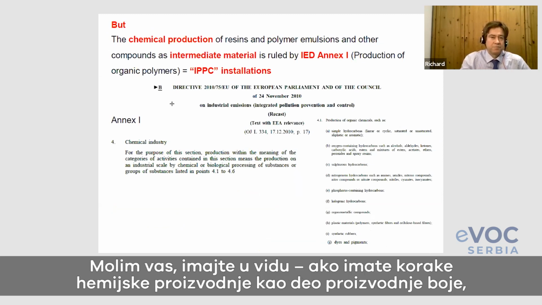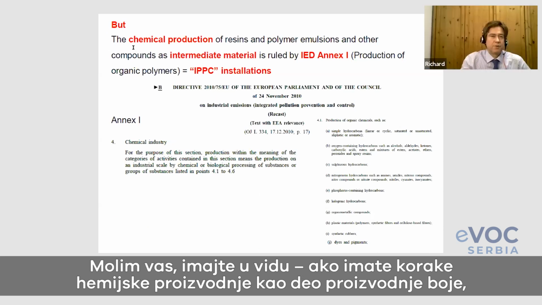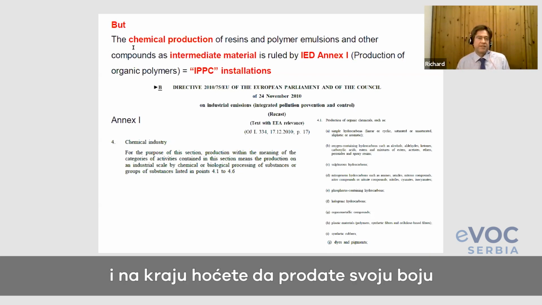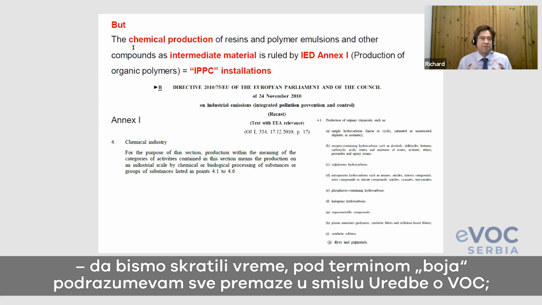Please keep in mind, if you have chemical production steps in your installation, and it's part of this paint manufacturing, because at the end you want to sell your paint. If I say paint, I really mean adhesives, I mean the inks for printing and so on. So please, for speaking, because it takes too much time, if I say paint, I mean all those coatings and materials that are covered in that VOC activity.